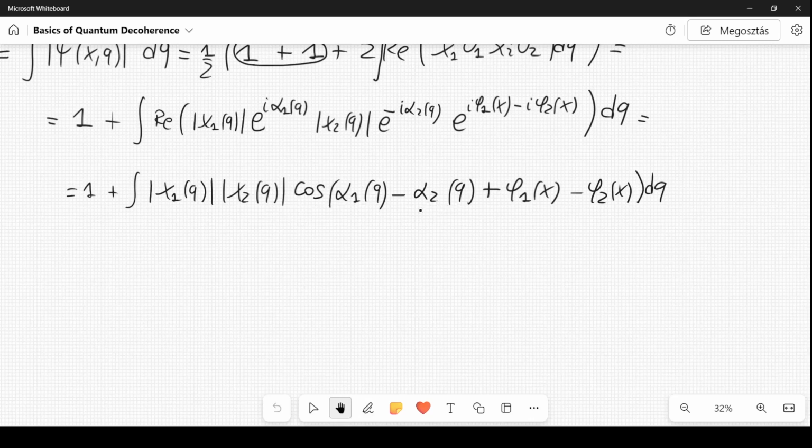So it's due to this kind of independence of the two types of waves chi1 and chi2 interacting with the particle, if we call it particle, or interacting with the system. But on the other hand, if chi1 and chi2 are dependent, therefore, for example, alpha 1 and alpha 2 are, I mean, their difference is constant or relatively constant, then you might still have interference.